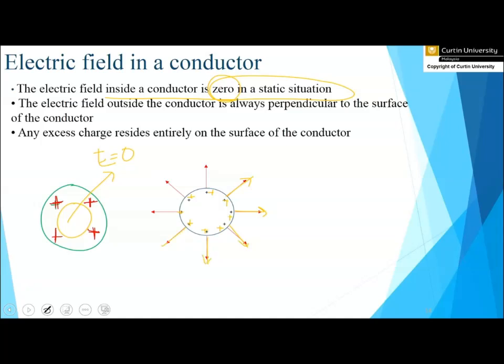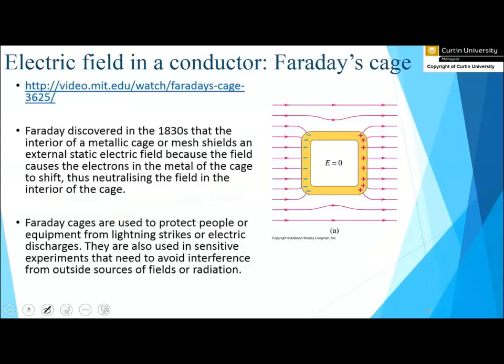Since this is positively charged, your electric field moves upwards and is always perpendicular to the surface of the conductor. Any excess charge will reside entirely on the surface of the conductor. They will never go into the center of the conductor, right?